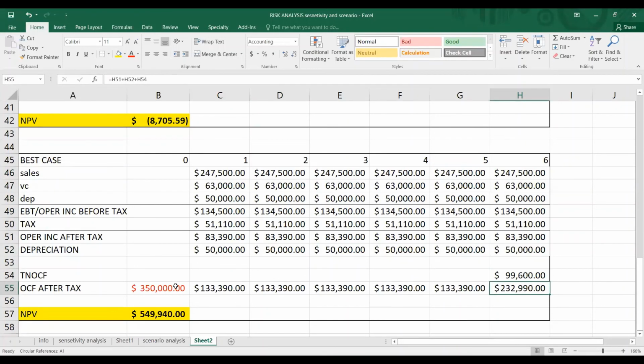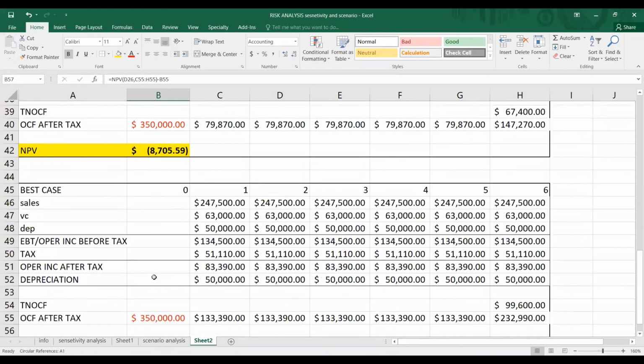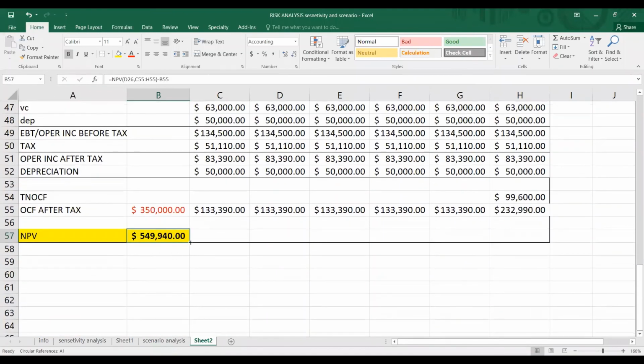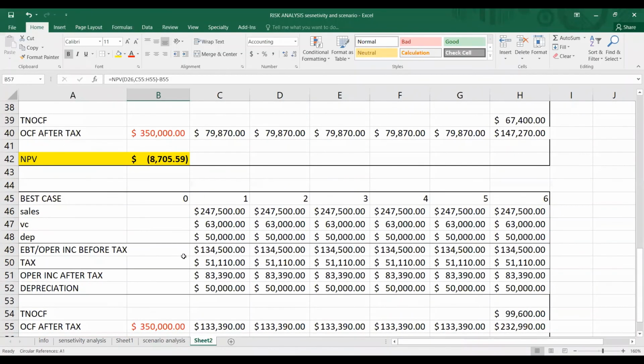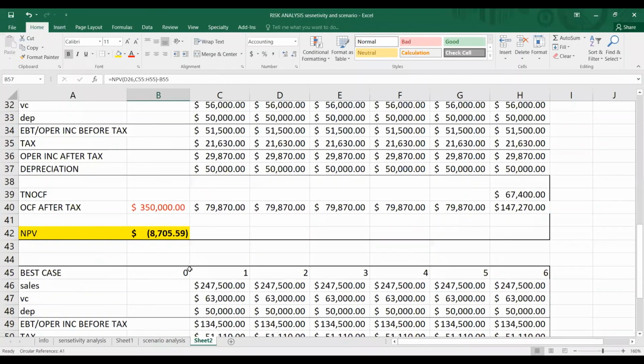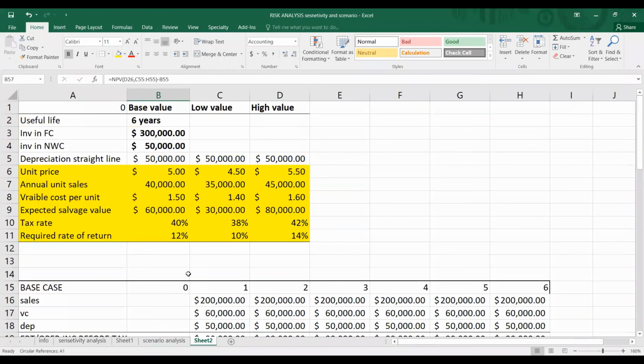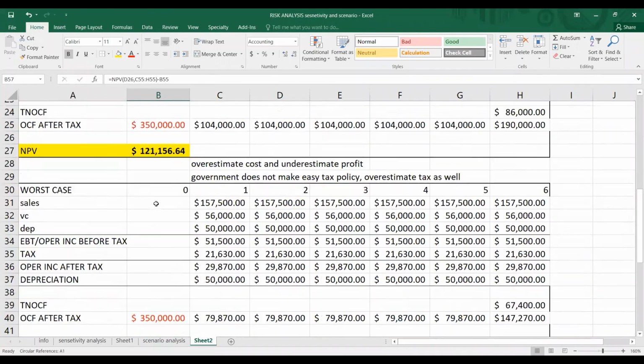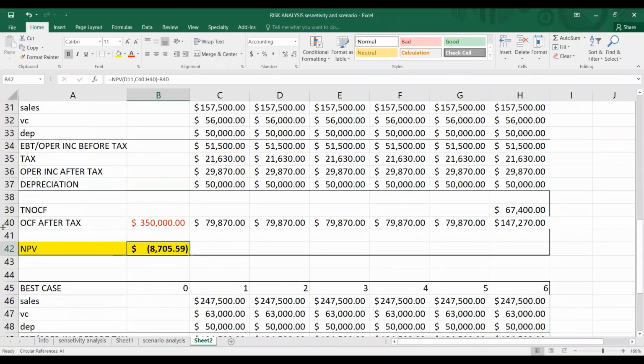Okay, did I make any mistakes? Let me just check it. Okay, so according to this, we can conclude that we do not accept the project because in one of the scenarios we get a negative NPV, like in recession. So we could be in recession time as well.